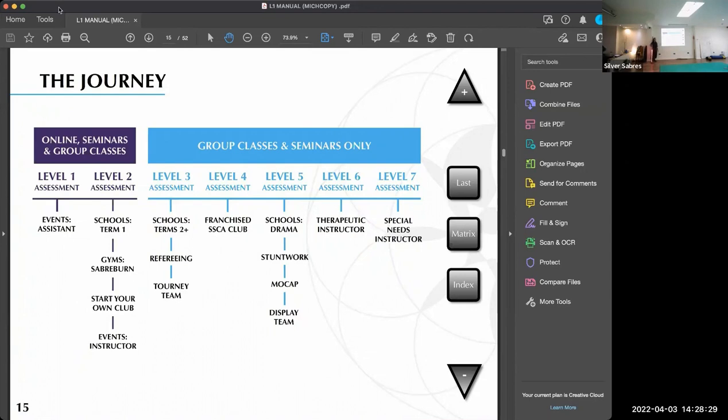Level 4 is the first time somebody who passes a level 4 assessment, we give people the opportunity to be a franchised SSCA academy. If they're instructors at level 3, 2, or 1, they're not SSCA. They're not Silver Sabres until they're teaching at level 4+. They're just LED Sabre enthusiasts and clubs who we have helped, but we don't want them to be claiming to be us because they're not.